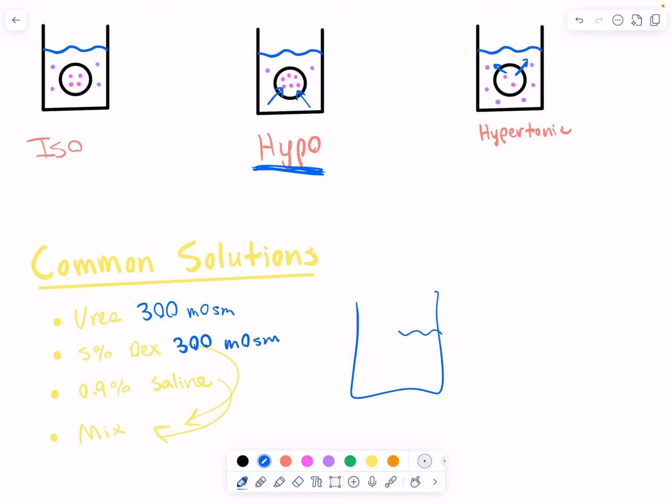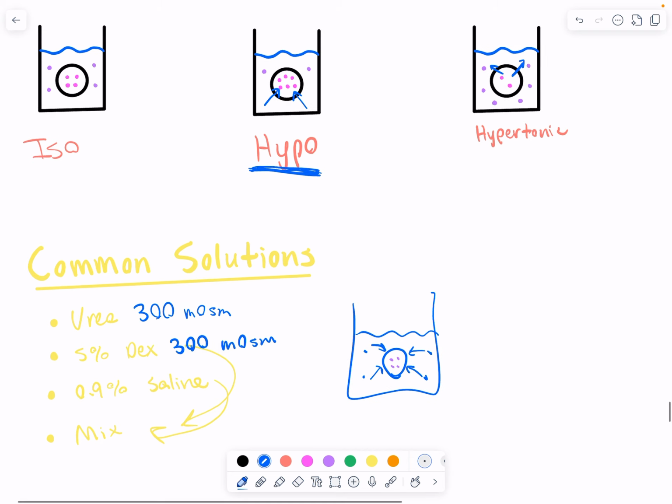So if we have a cell, and let's say these are dextrose, and these two are isosmotic compared to each other, dextrose is going to go into the cell, causing water to go in, but it's going to get metabolized immediately.